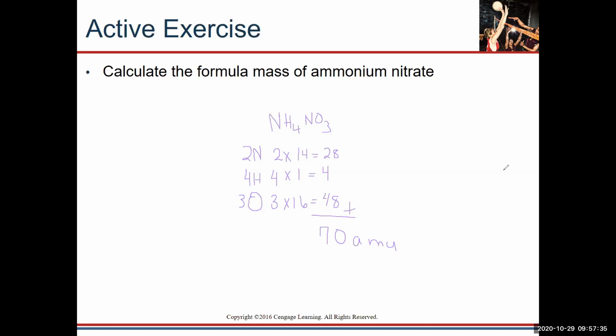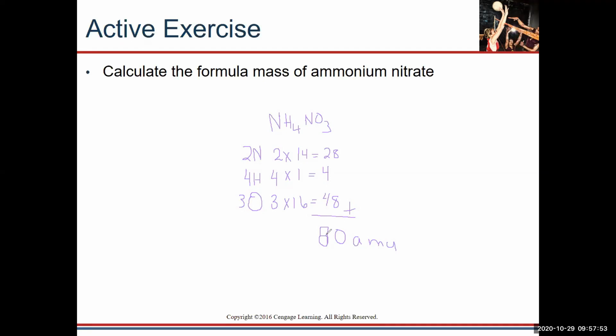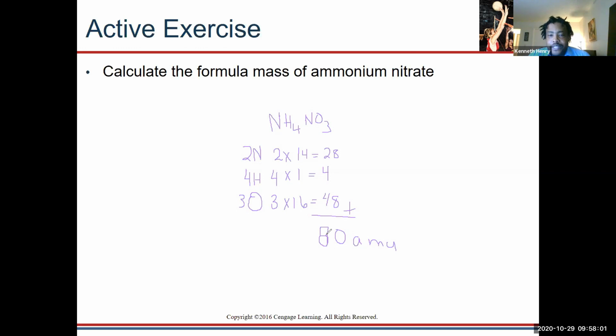It's on your periodic table. Okay. Wouldn't it be 80? Okay. I'm glad somebody caught my mistake. I literally had to take out my calculator. I was like, is it me or is it him? I was just going to see how long you guys are going to let me get away with it.